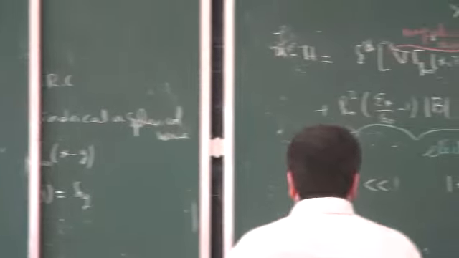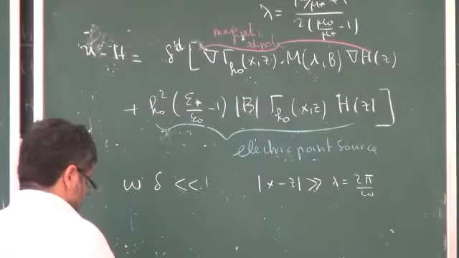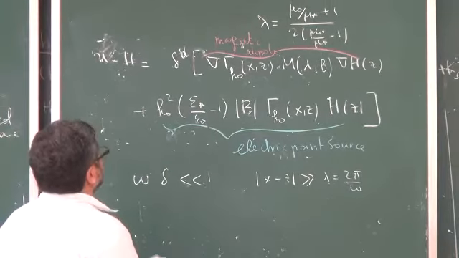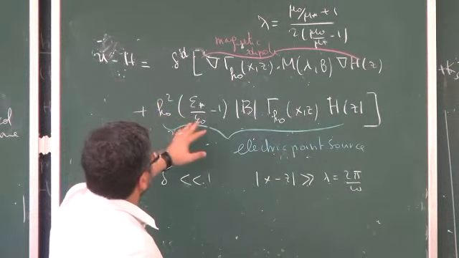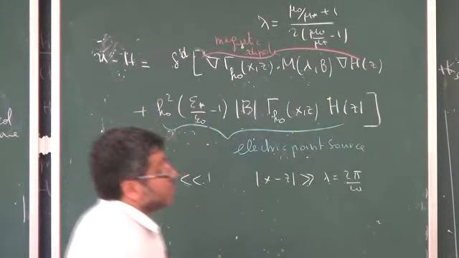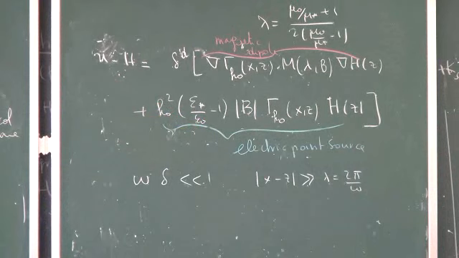Now, when you do the asymptotic expansion for a bounded domain, for the Helmholtz equation, assuming that there are no eigenvalues.